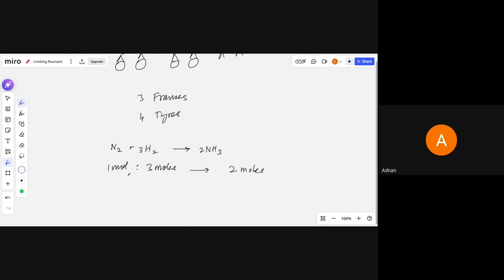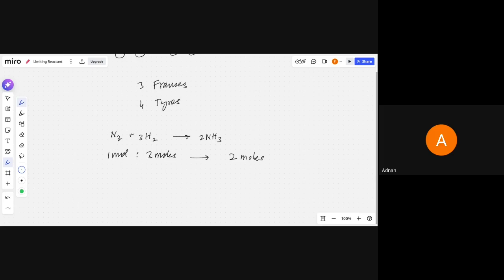Limiting reactant or excess reactant arise when we react reactants other than the ratios in a balanced chemical equation, when we don't respect this ratio. Let me represent the moles of these reactants with a box.